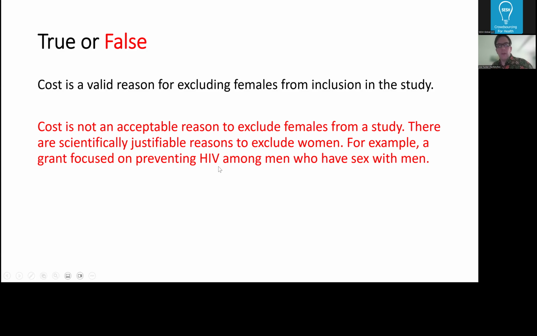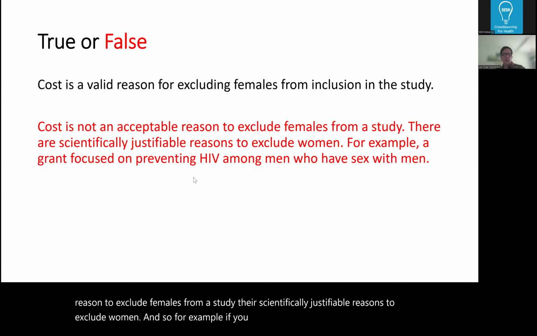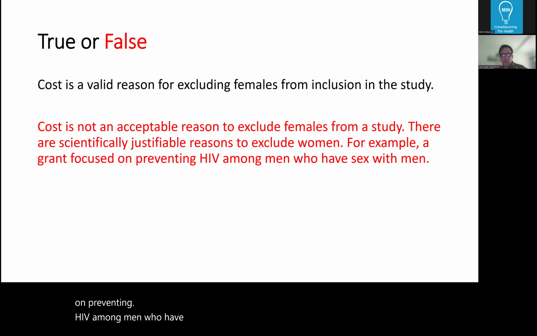Good. Okay, so a chorus of falses. You are all correct. Cost is not an acceptable reason to exclude females from a study. There are scientifically justifiable reasons to exclude women. For example, if you were proposing a study that focused on preventing HIV among men who have sex with men, then excluding women would make sense.